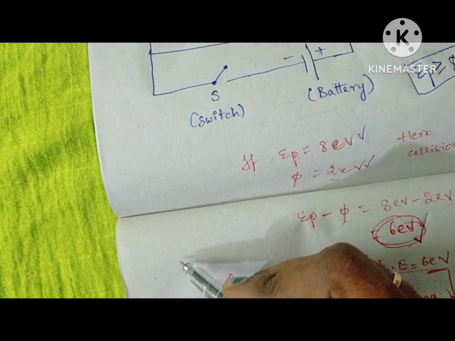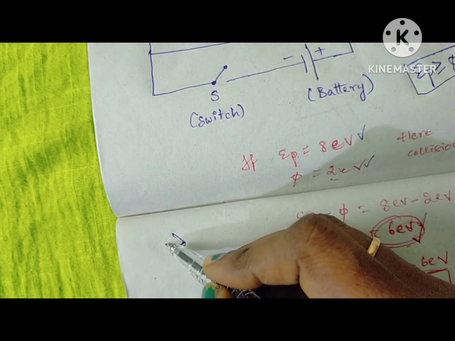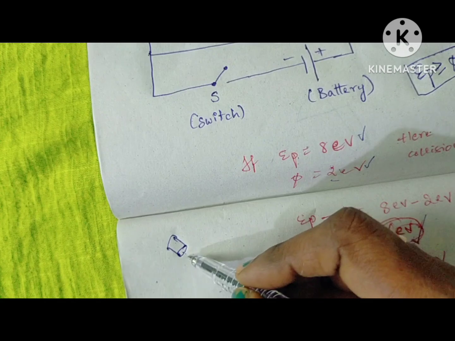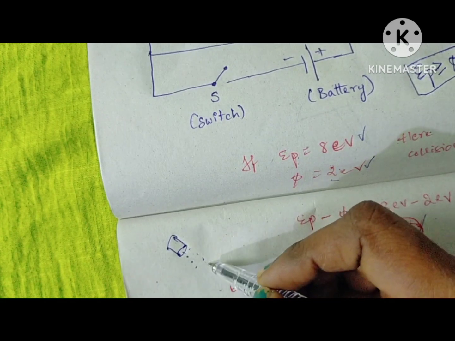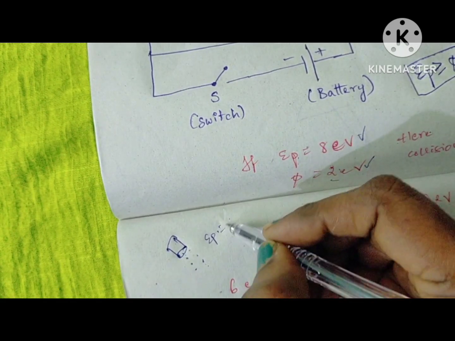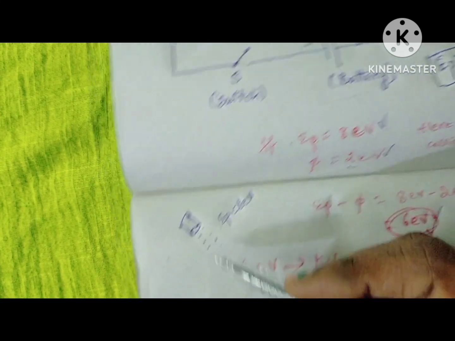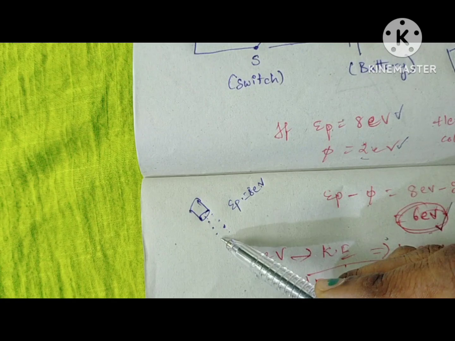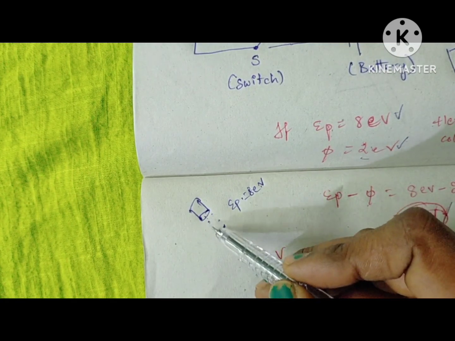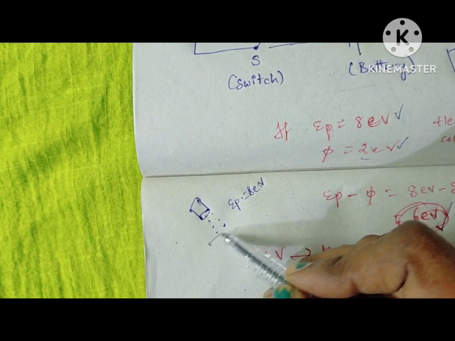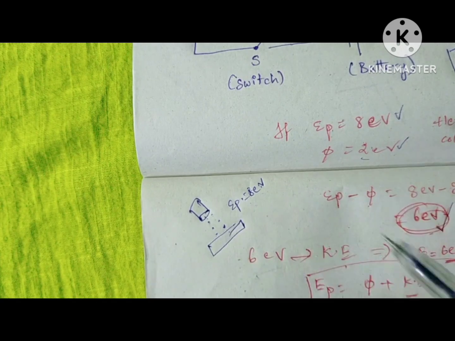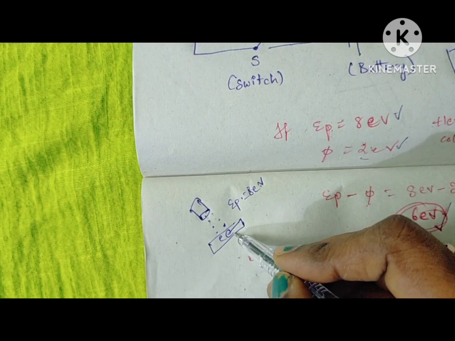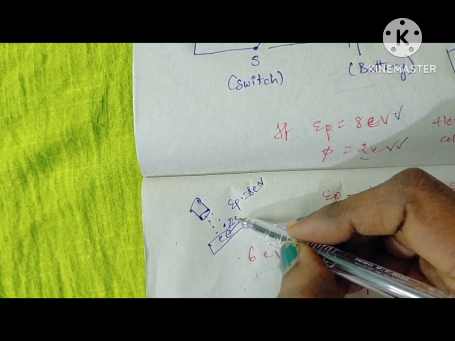Let's see, I will show you in the image. This is the light source. From this light source, the energy of photon value is 8 electron volts. So these 8 energy of photons fall on this metal surface. Only 2 electrons are emitted out.